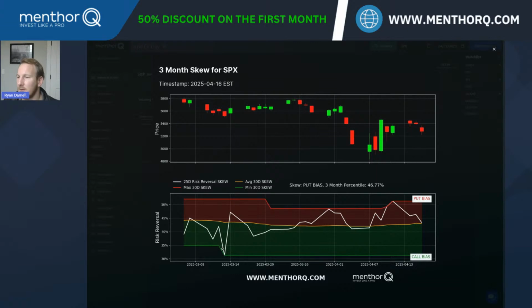Look how as people have gotten more and more scared, the puts have been rallying, and then boom, people suddenly are starting to say, wait a minute, there's the same risk of the snapback to the upside. So that's what we see a lot.